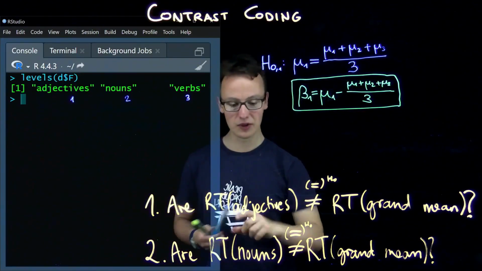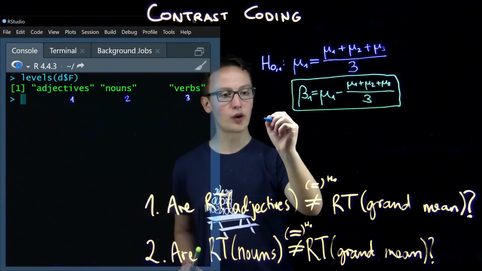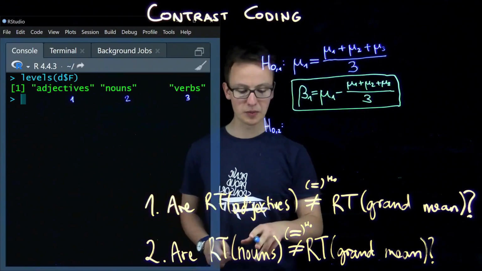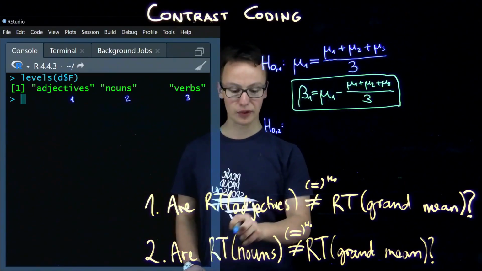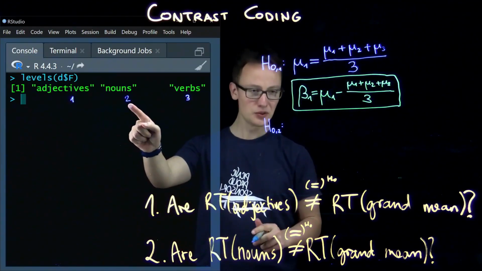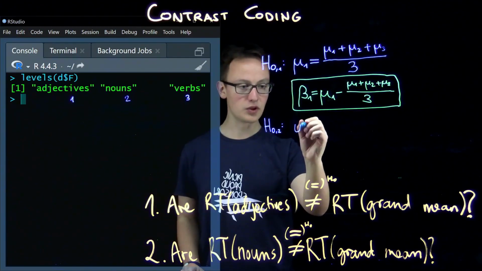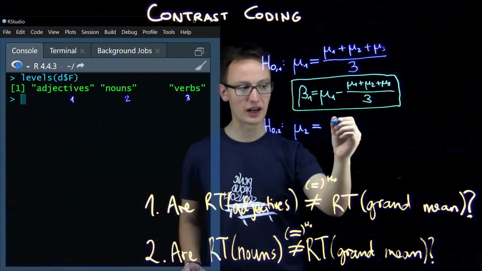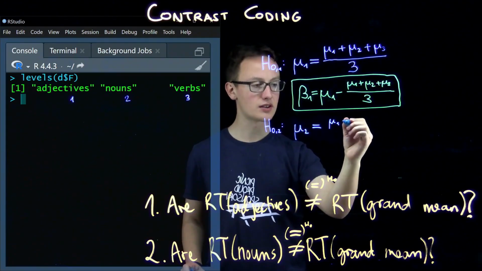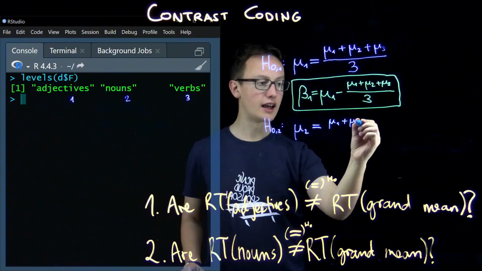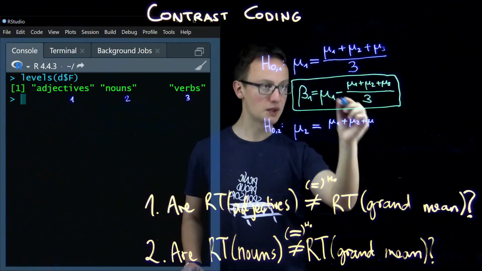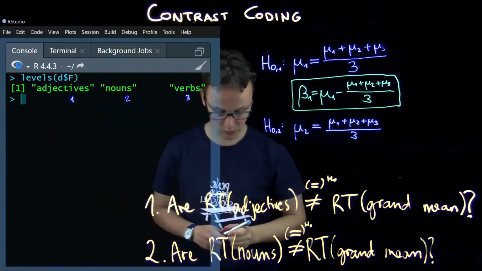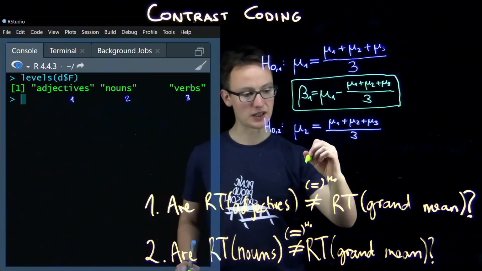The second research question would then yield analogously the following null hypothesis, so H02. Here we would assume that the mean of the reading times for nouns, which is our condition indexed as 2 here, so mu2, would be equal to the grand mean, according to the null hypothesis, which says that there is no difference between the nouns and the overall average. Again, by analogy, this corresponds to another slope, which we can call beta 2.